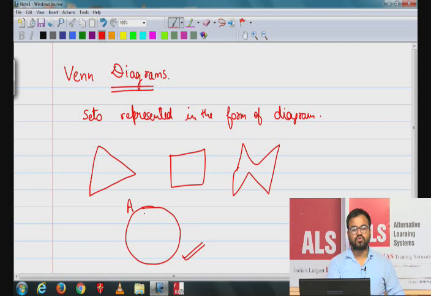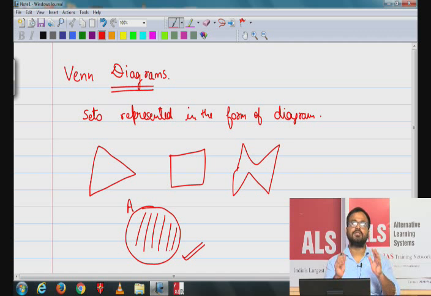So those who are lying inside A belong to A. Those who are inside the circle study mathematics, and those who are outside of the circle A do not study mathematics.